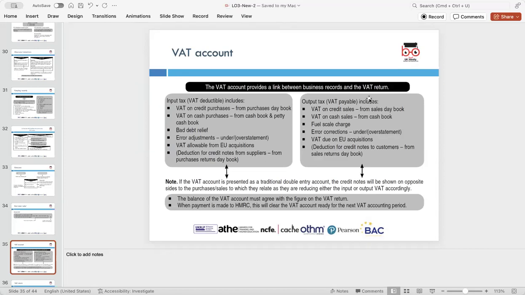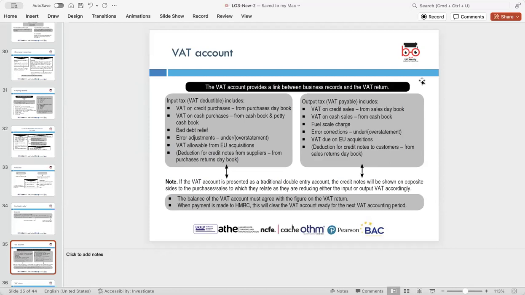Then we will talk about output tax. This includes VAT on credit sales, VAT on cash sales, fuel scale charge, error corrections, VAT due on EU acquisitions, and deductions for credit notes to customers. The balance of the VAT account must match the figure on the VAT return.